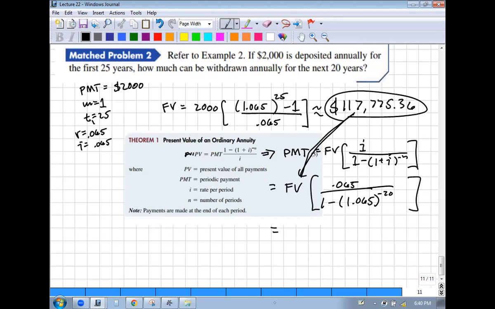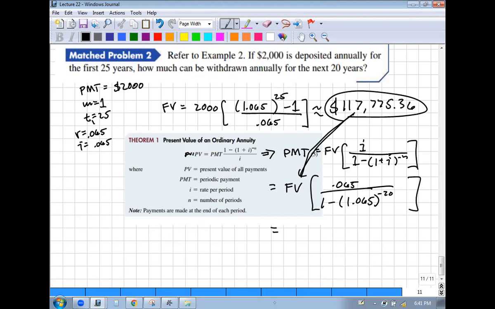I'll go back one. Gotta be a back button. Delete. There we go.